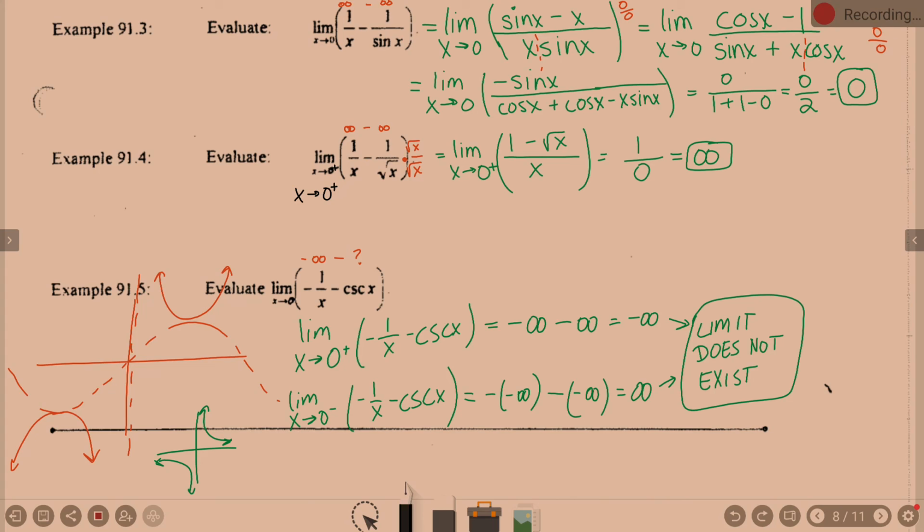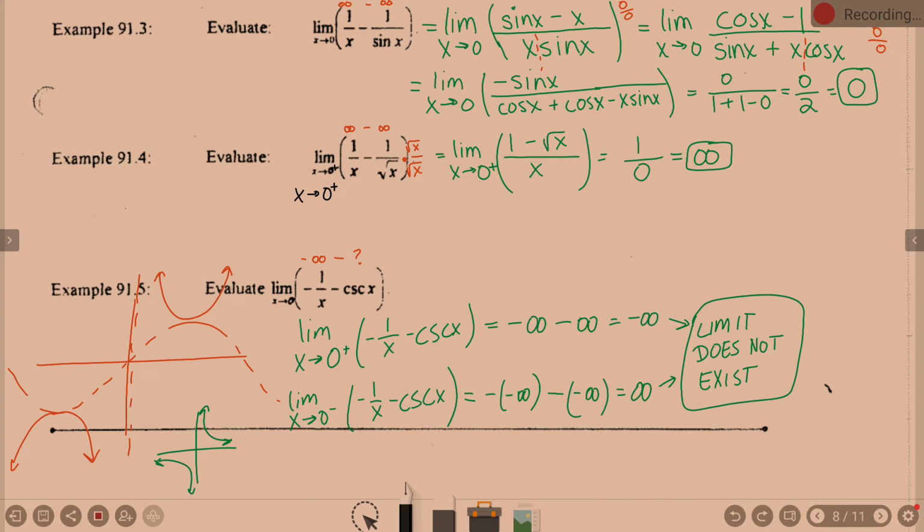I think it's just because we didn't know if we were approaching from the right or the left. It was just approaching 0. How do I want to explain that one? It's a valid question. Give me a moment. I need to think on that one.